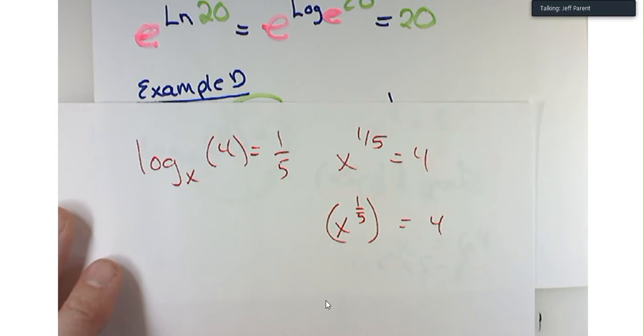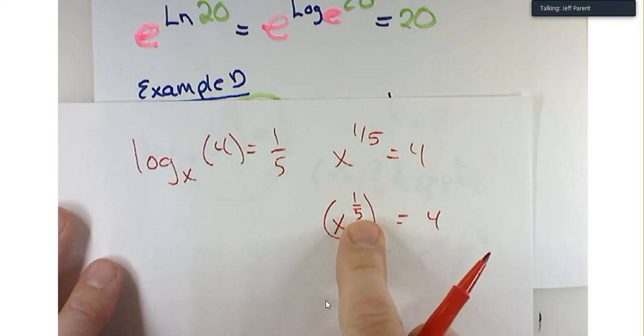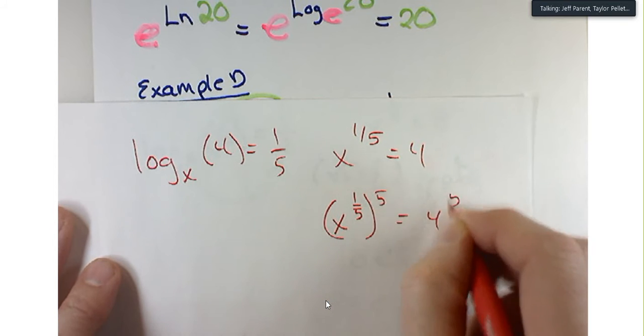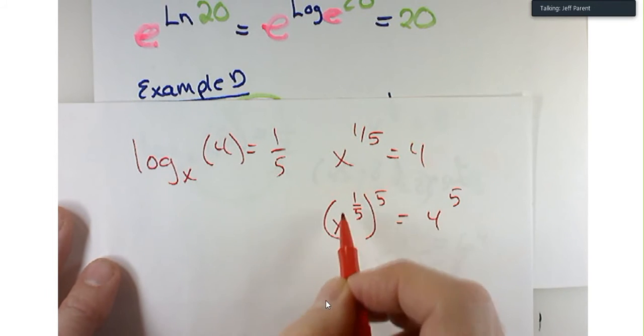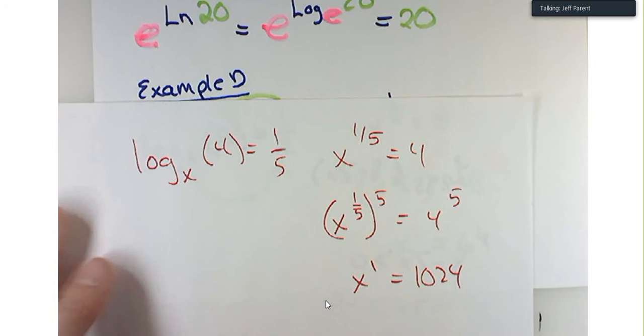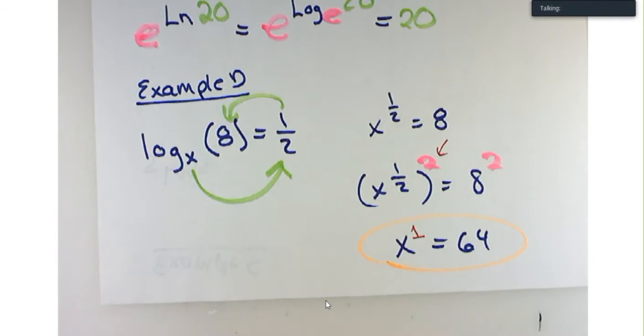So what's the reciprocal power of 1/5? 5. And you see what's happening here? 5 times 1/5 gives me x to the first power. And I'm pretty sure that 4 to the 5th power is 1,024. But Dylan will check me on that one. All right, thank you.